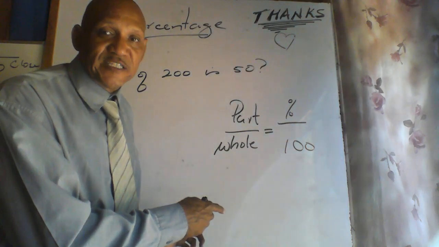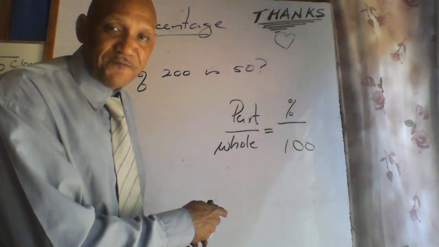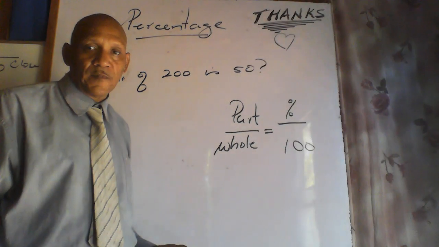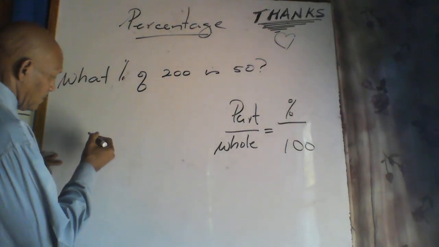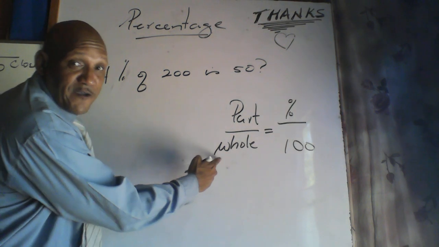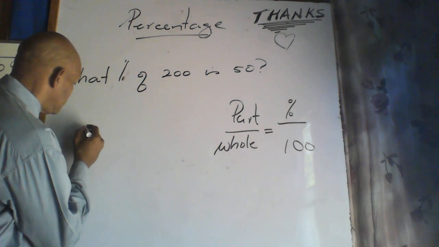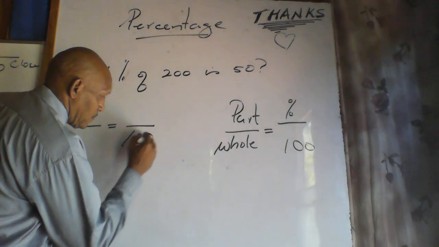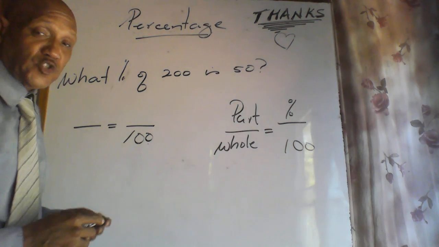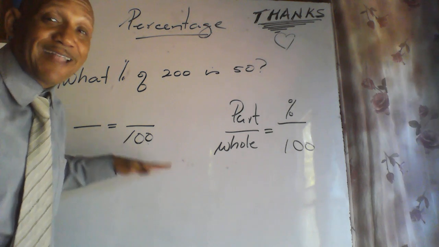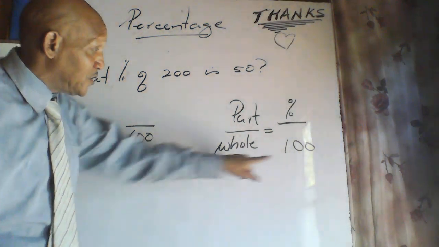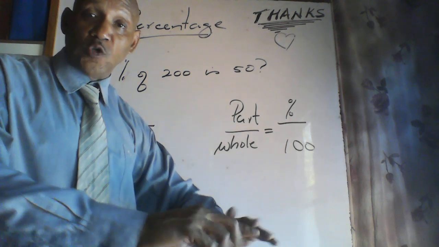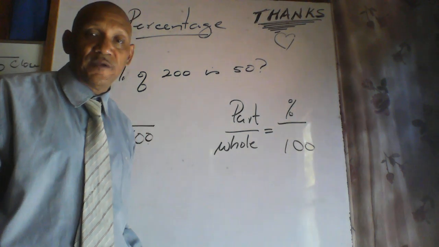You'll get your percentage problems right 95% of the time. To follow my formula, the only sure thing in that formula is the 100 at the bottom of the percentage side.